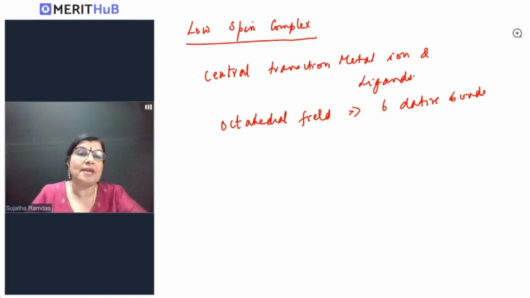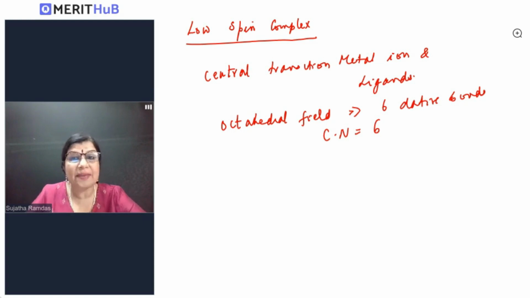The ligands could be monodentate. If the ligands are monodentate, then there are six monodentate ligands around the transition metal ion. If there are bidentate ligands, there are three bidentate ligands around the transition metal ion. We count the number of dative bonds, and the coordination number is therefore equal to 6.